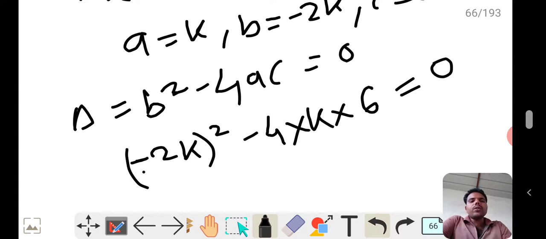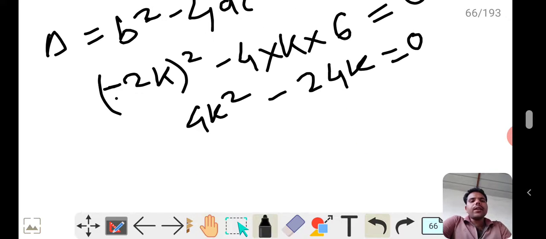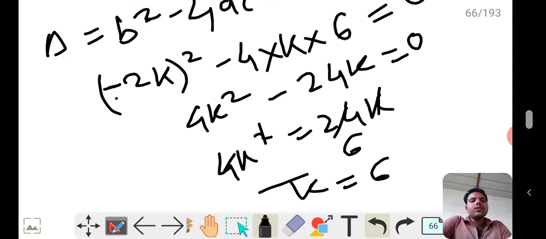From this we will get 4k square minus 24k is equal to 0. By solving this, we will get 4k square is equal to 24k. So k square, k is cancelled, 4 sixes are 24, so k is equal to 6 is the answer for our equation.